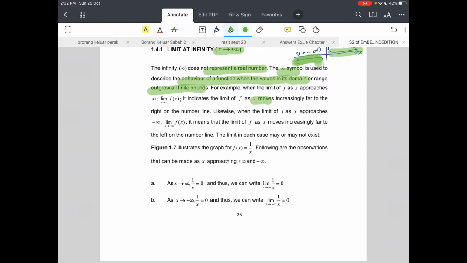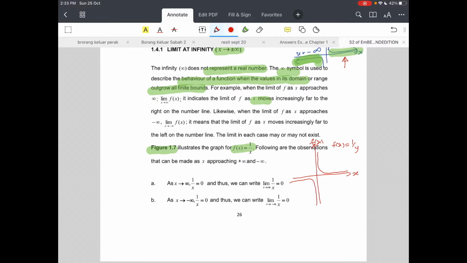We can look into example figure 1.7, which illustrates the graph for f(x) equals 1 over x. Basically f(x) equals 1 over x is something like this, similar to the one that I drew here. This is our f(x), this is our x.